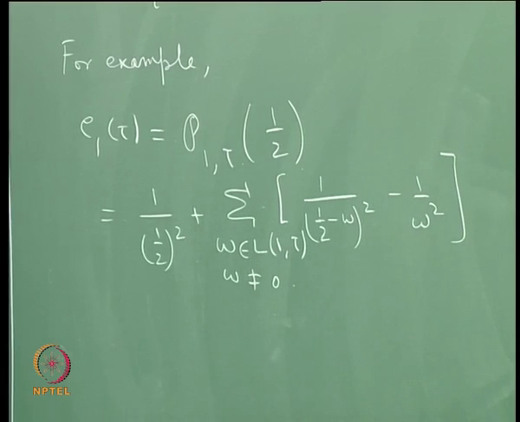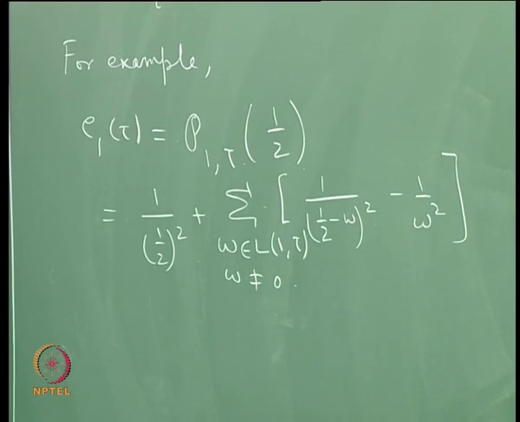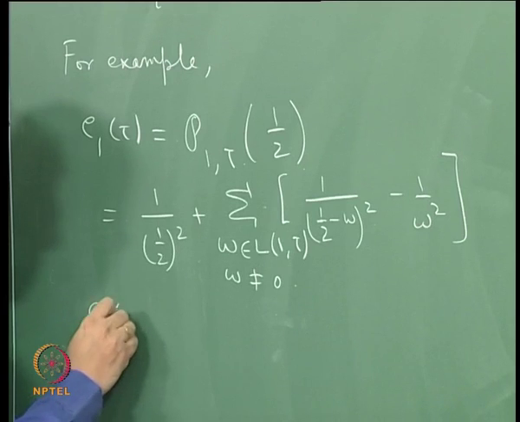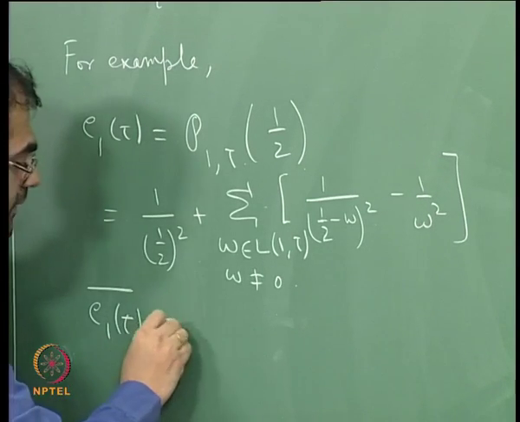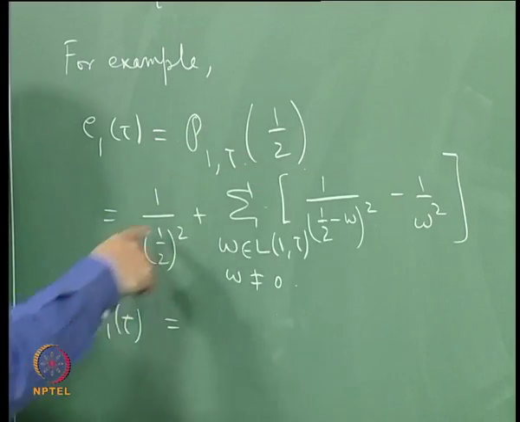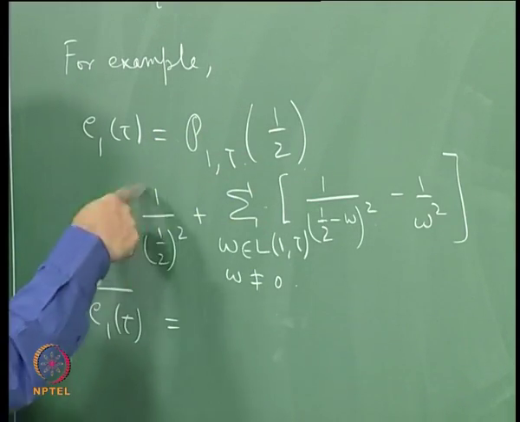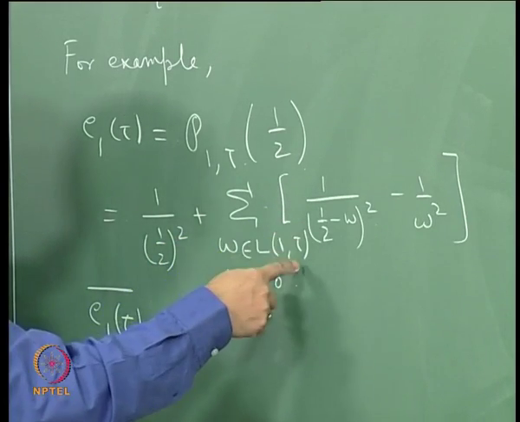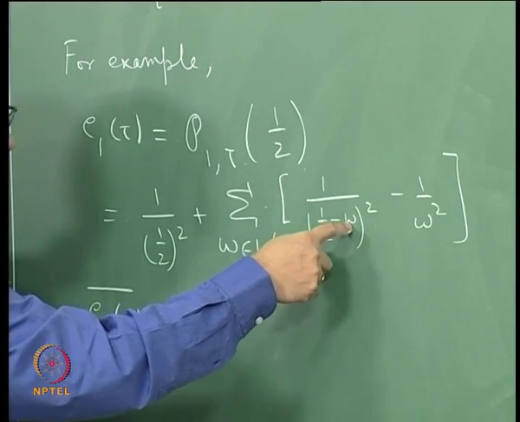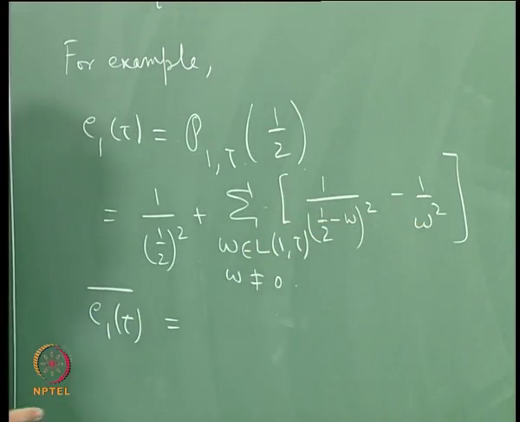Now you see, calculate E1 of tau conjugate. If I take conjugate on this side, this is not going to be affected. If I take conjugate here, what is going to happen is that this omega is going to be replaced by its conjugate.